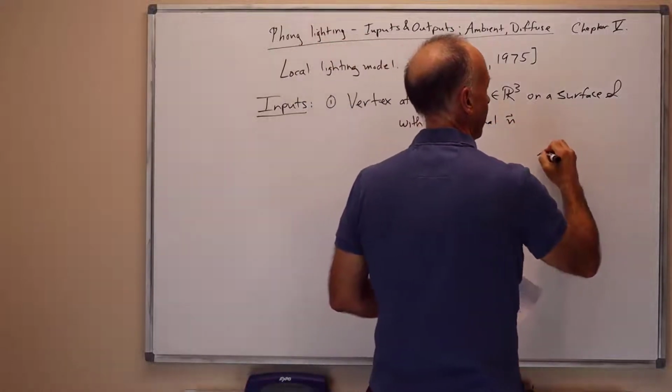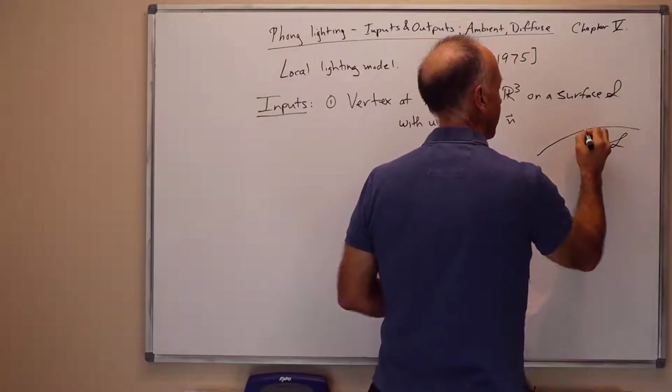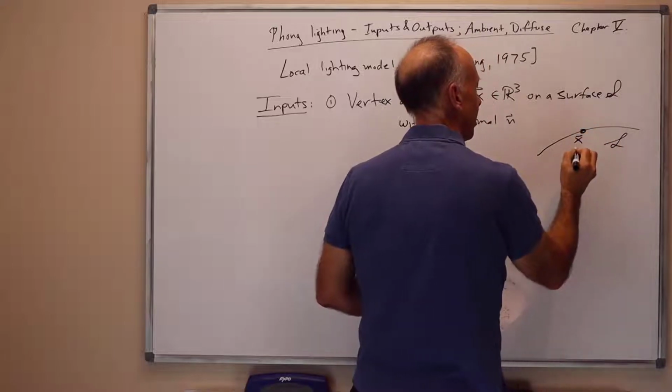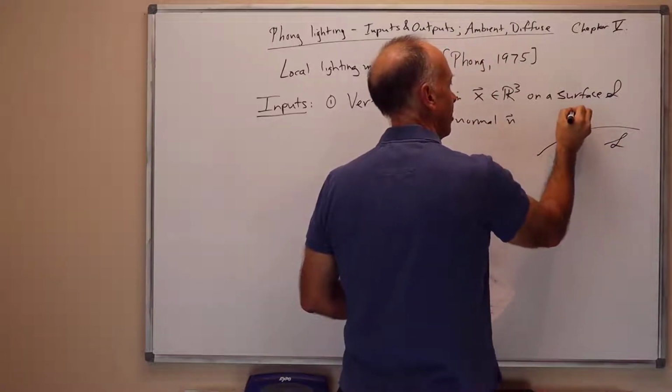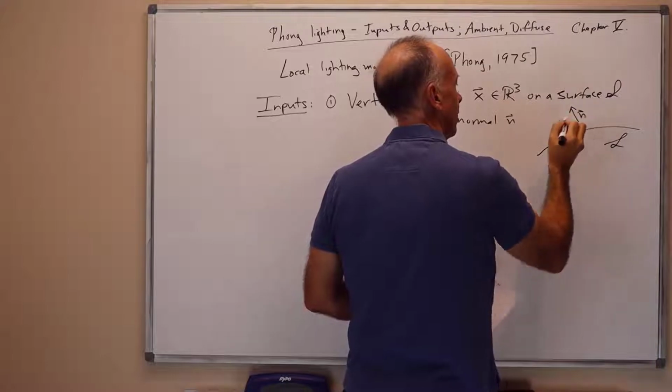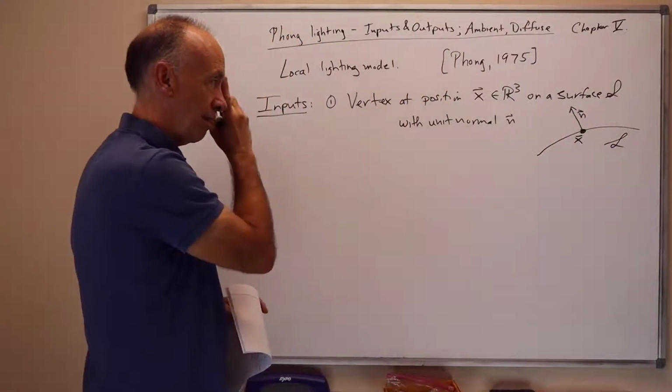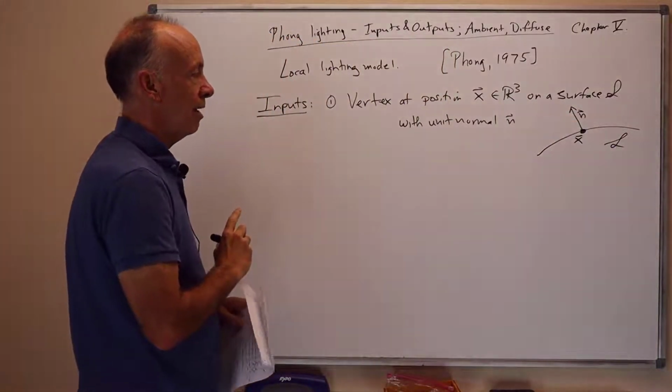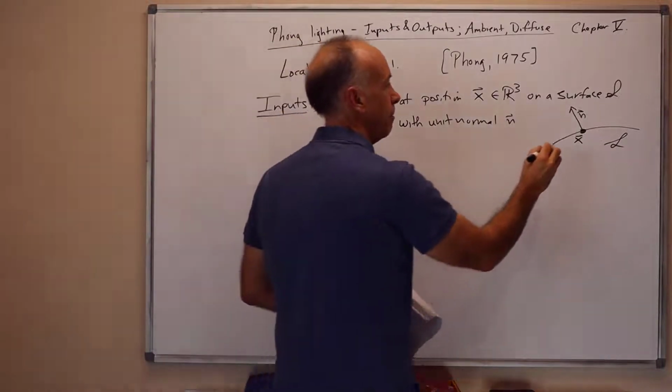So what this means is we've got some surface S. At position x on it, there's a vertex, and there's the unit normal n pointing off of x at the surface at right angles to the surface.